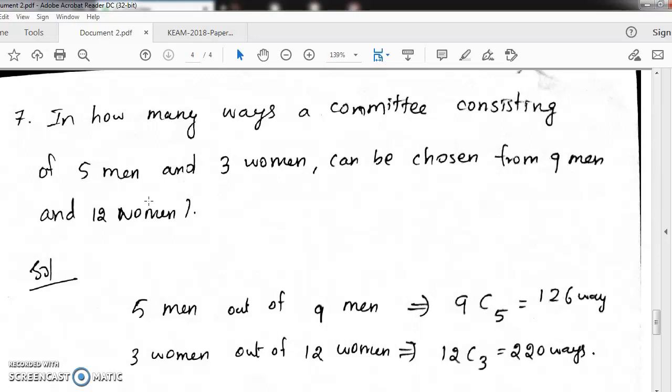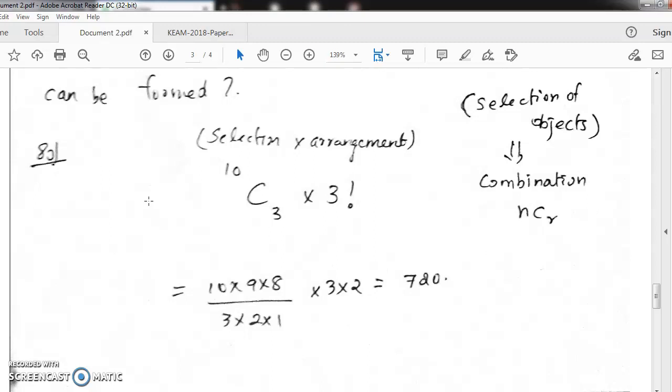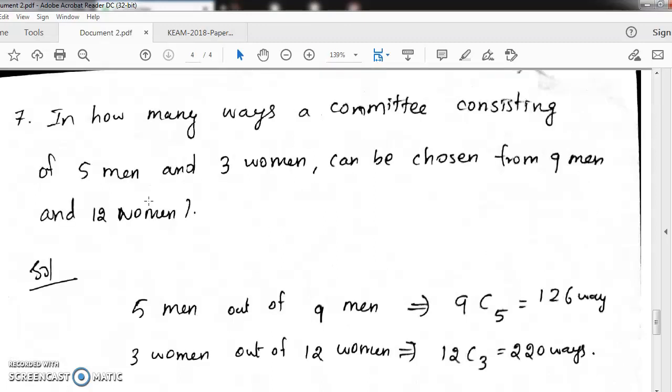So 9C5 is equal to 9 into 8 into 7 into 6 into 5 divided by 5 into 4 into 3 into 2 into 1, which is equal to 126 ways.